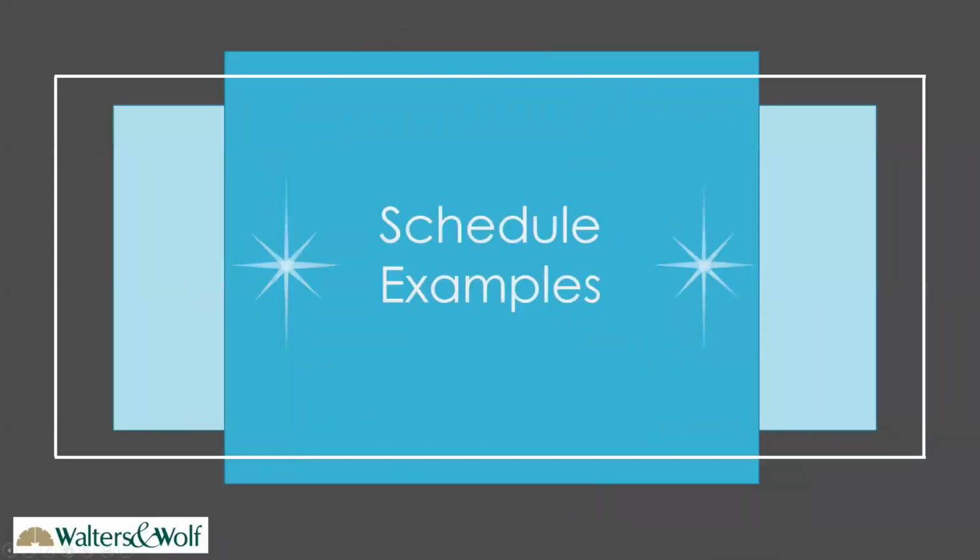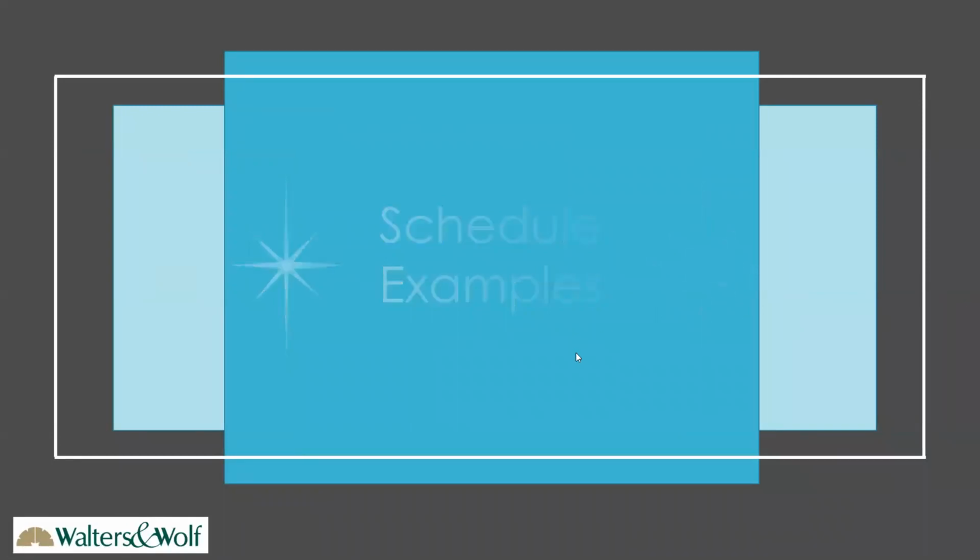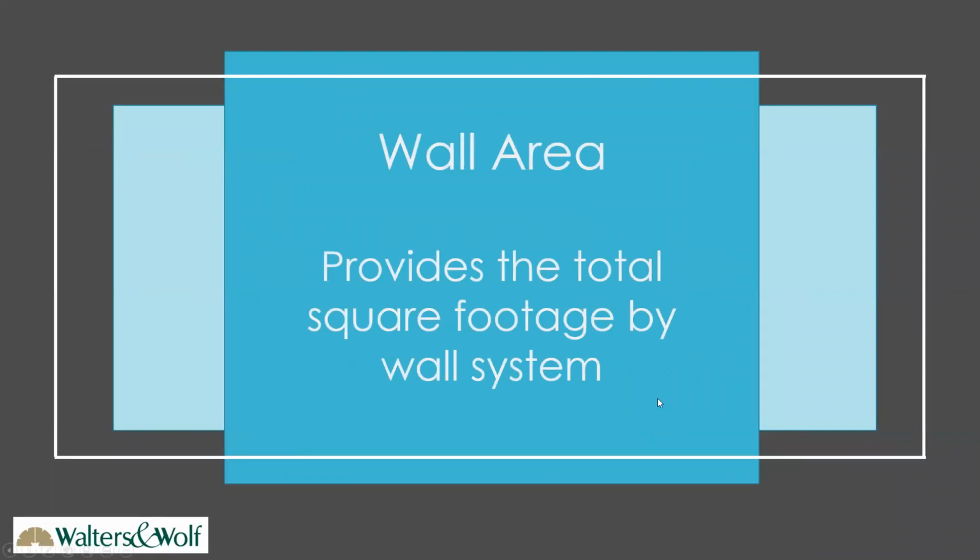So first, some schedule examples. So let me bring up Revit. The first one we're going to look at is wall area. We use this one in the sales model phase, and it lets us take the total square footage of the different wall systems, if it's CW for curtain wall or SW for strip window or whatever they want to call it, however the estimators need it.